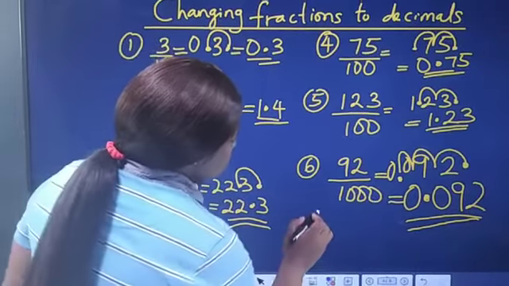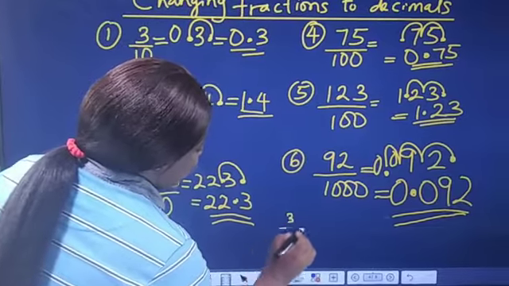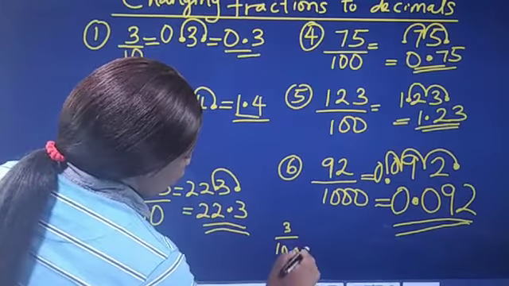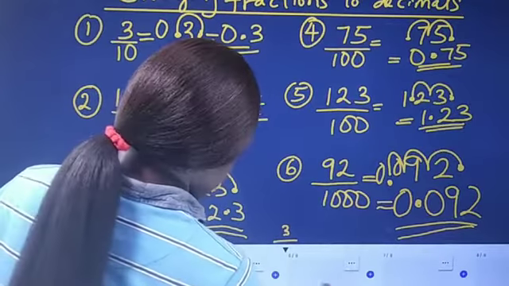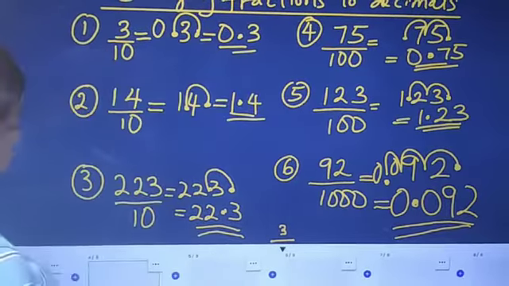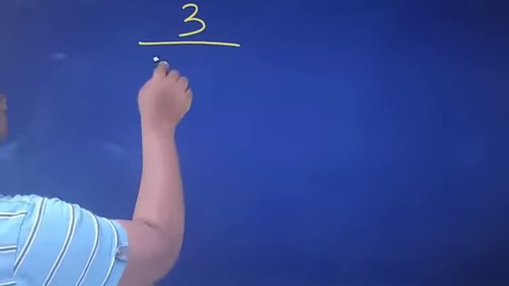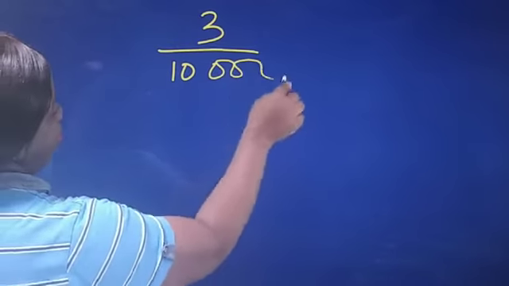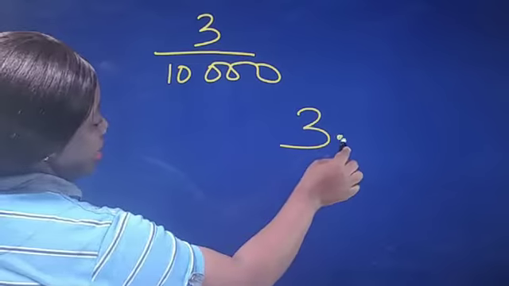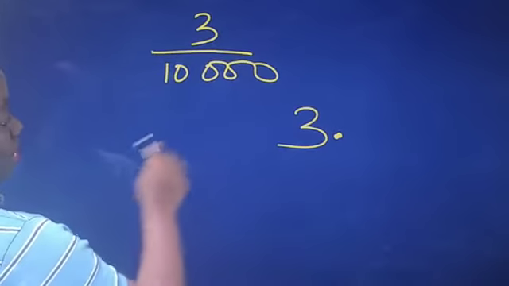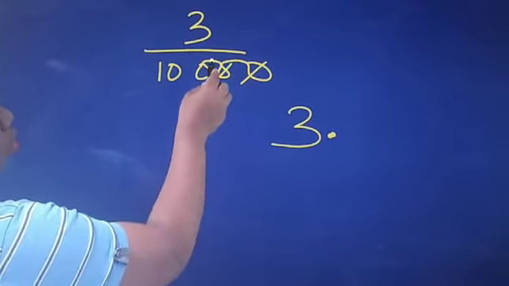Now, for instance, what if you have 3 over 10,000? Write out 3. Introduce the decimal point. Count to the left. How many times? 1, 2, 3, 4.